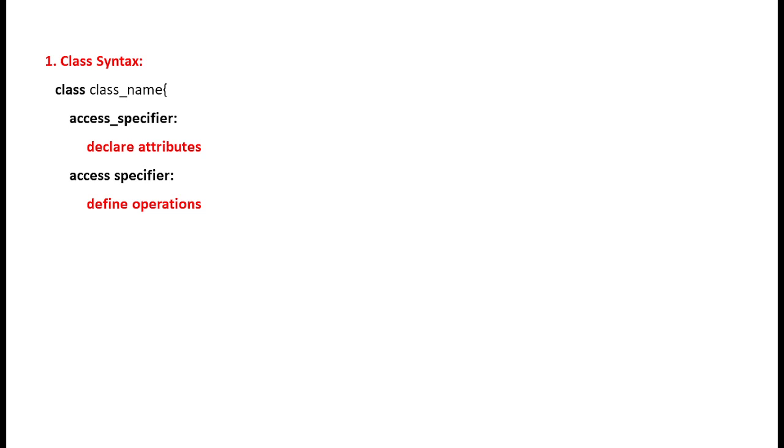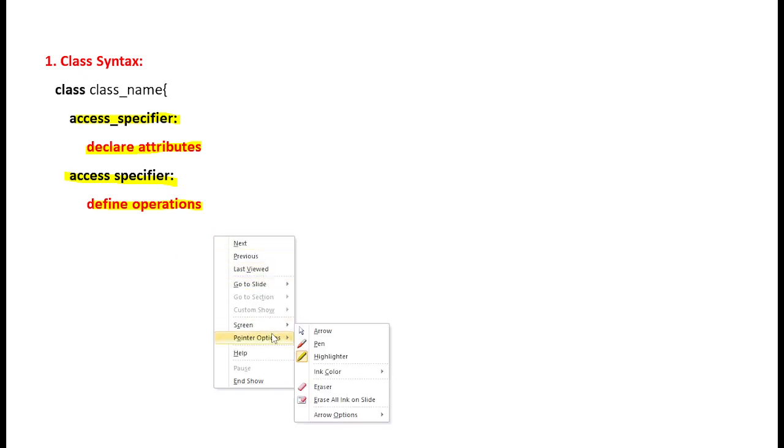Then we have another access specifier, that's about operations. The first is used for declaring our attributes, so here we have data which are associated with our objects. Then specifier means in the sense what? Whether the elements can be accessed inside or outside. That's the meaning of this.